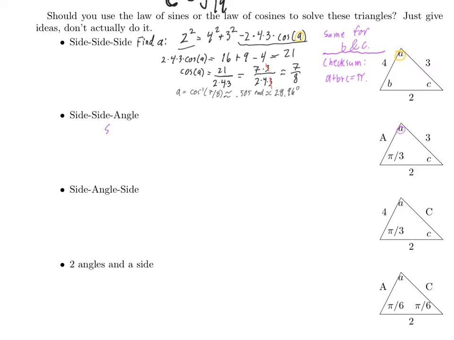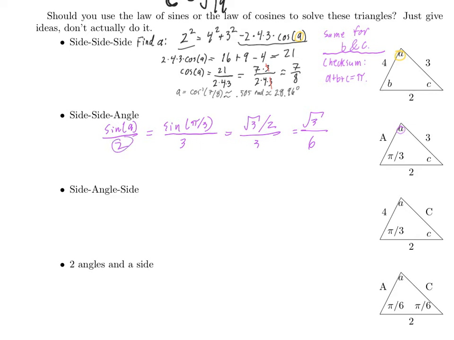So the law of sines will say that the sine of A divided by 2 is equal to the sine of pi over 3 divided by 3, the side opposite pi over 3. And I know that the sine of pi over 3 is root 3 over 2, over 3. That's root 3 over 6.